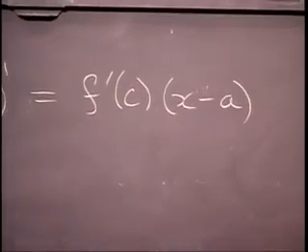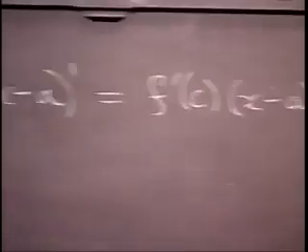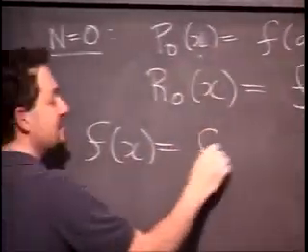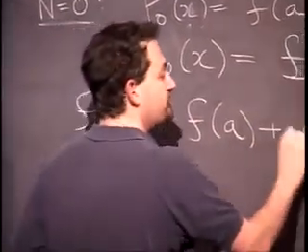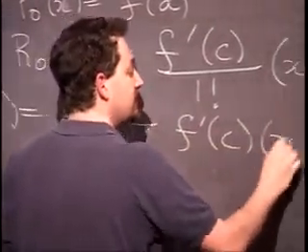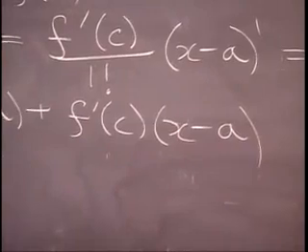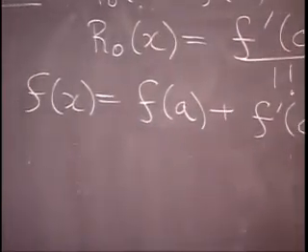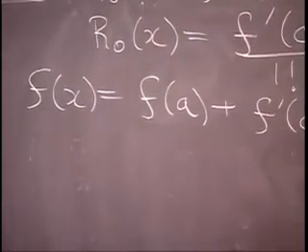So according to this theorem, f of x is the sum of these two: f of a plus f prime of c times x minus a, where again c is between x and a. So that's a special case of this theorem.